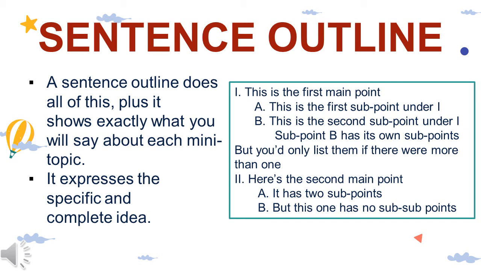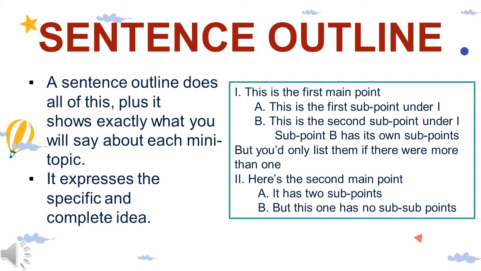In class as well, I just want to add that in outlining, you need, of course, to use Roman numerals to indicate the main idea. And then, in indicating the subtopics or sub-ideas, you may use letters for that one. Okay? It could be capital letters or small letters.